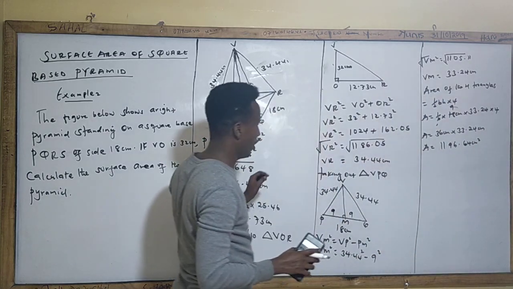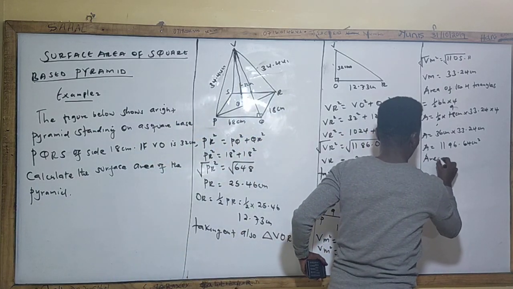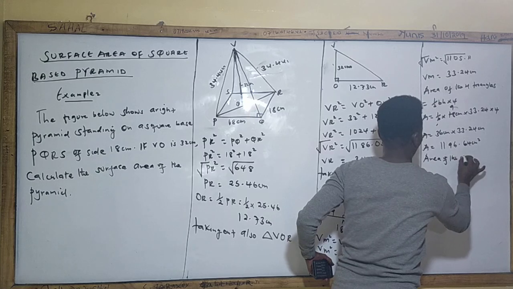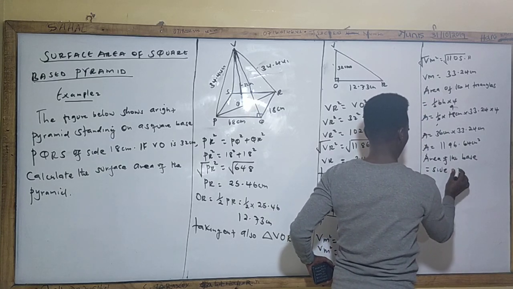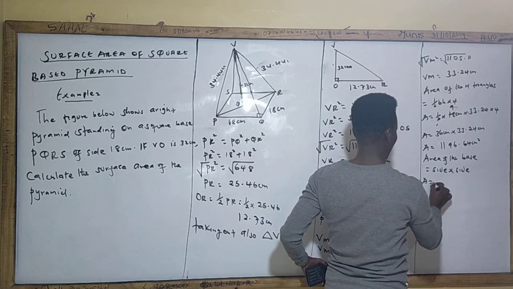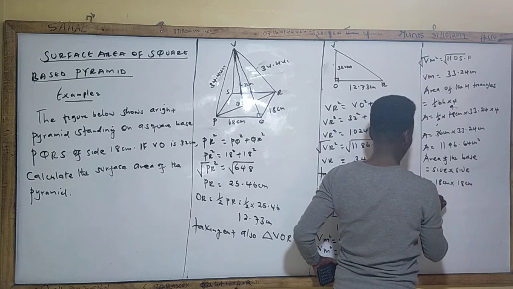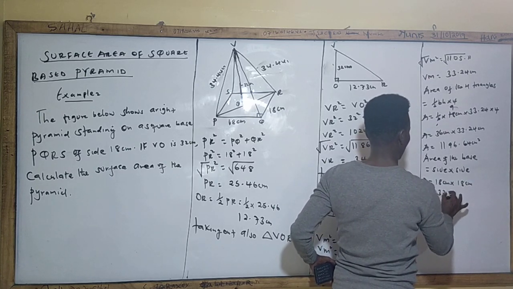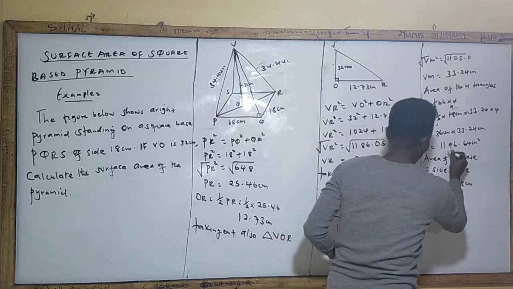So that is the area of the 4 triangles. Then area of the base. Area of the base is equal to side times side, because that's the square. So area is equal to 18 centimeter times 18 centimeter. Area therefore is equal to 324 centimeter square. That's the area of the base.